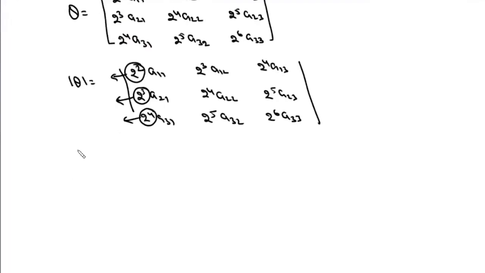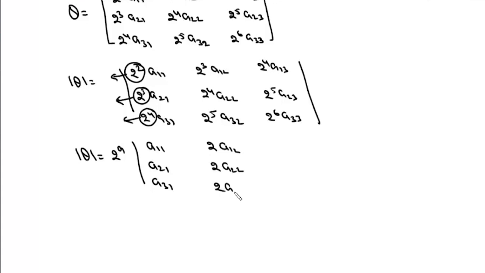So now we can write this determinant of Q as, now this is 2 to the power 5 plus 4, 9, so it will be 2 to the power 9 and then we'll have A11, A21, A31 and here will be 2 A12, 2 A22, 2 A23 and here we'll have 2 square A13, 2 square A23 and 2 square A33.